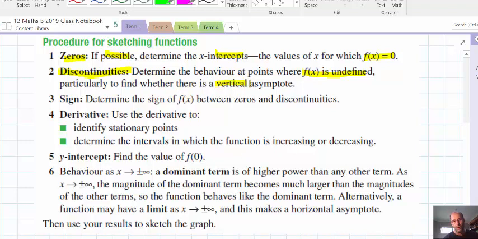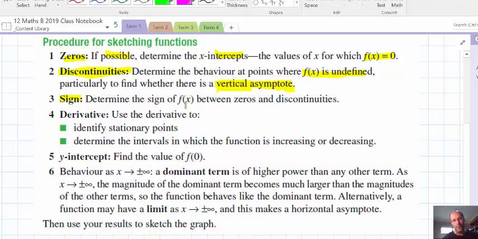Vertical asymptotes are the more common type, but horizontal asymptotes can exist, and more about that further on when we get into exponentials, because that's a classic example where we get horizontal asymptotes. So in this body of work, we're seeing if there are any vertical asymptotes and any discontinuities.